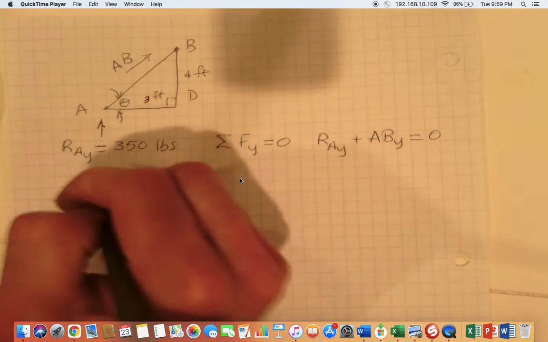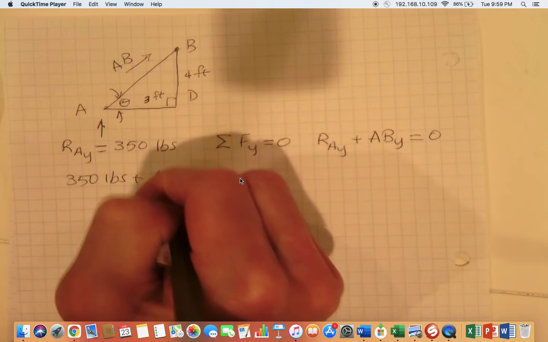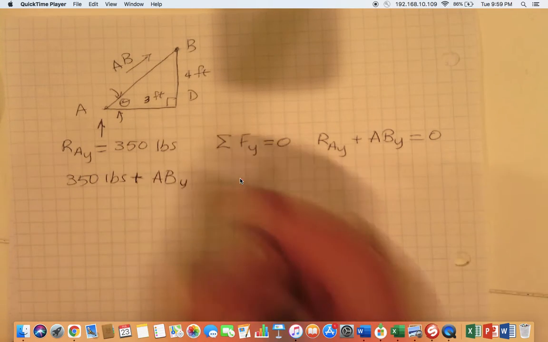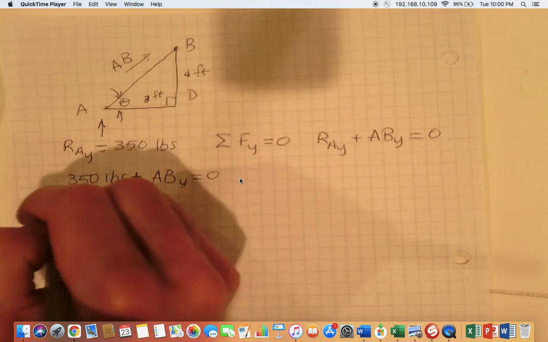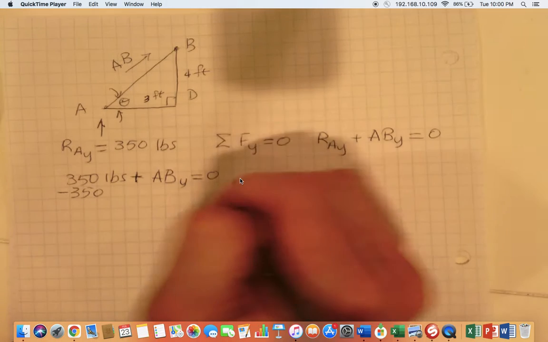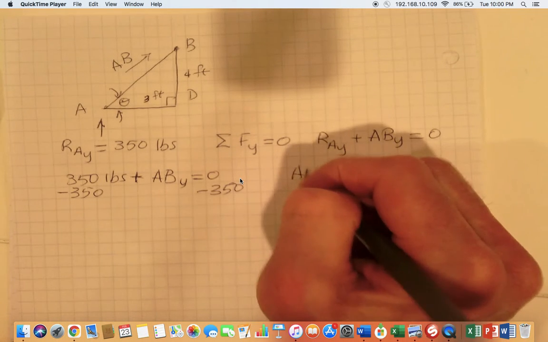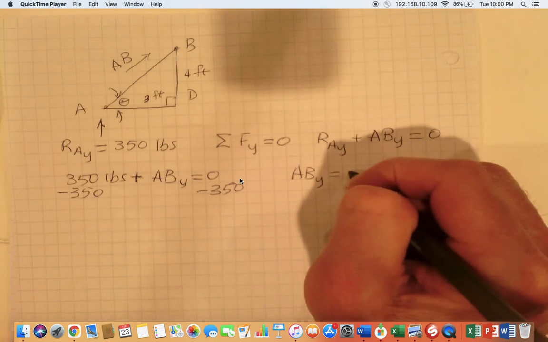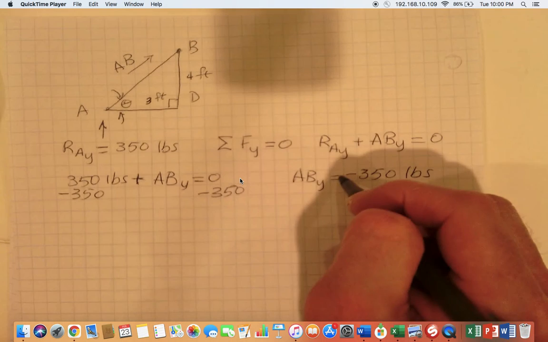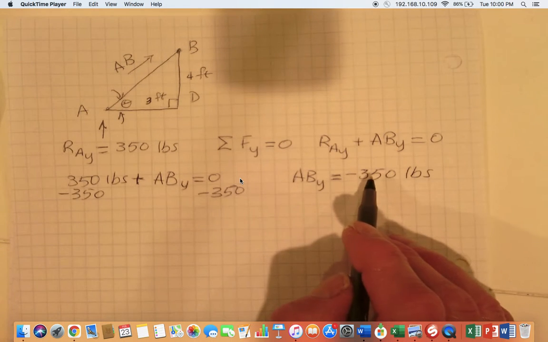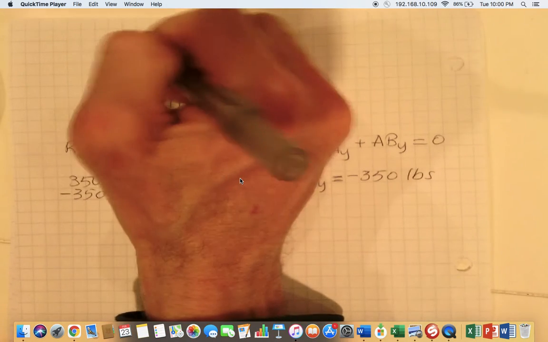Well, we know the reactionary force is 350 pounds. We don't know the force AB in the y direction, but they have to sum to 0. We can do algebra by subtracting 350 from both sides. And what we find is the force in member AB in the y direction is negative 350 pounds. And so what that means is, because it's negative, that this member is not in tension, it's in compression.